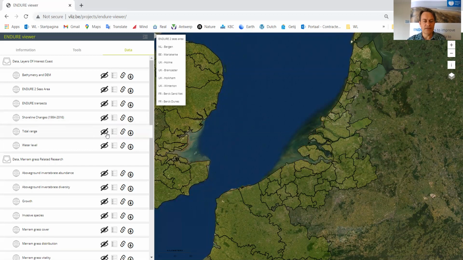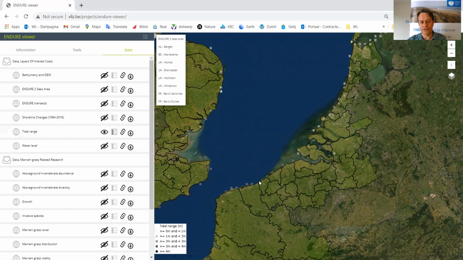Other things such as tidal range, for instance, is displayed as dots. So the tide is not displayed as a continuous layer, but more like dots, and darker is the dot, larger is the tidal range. Of course, this is an important parameter for the development of the coast, the tidal range. That's why we thought it's important to be put here in these data layers.